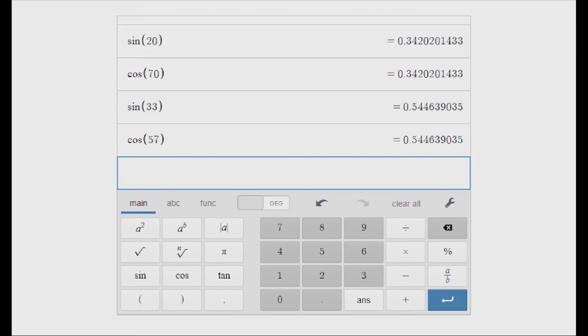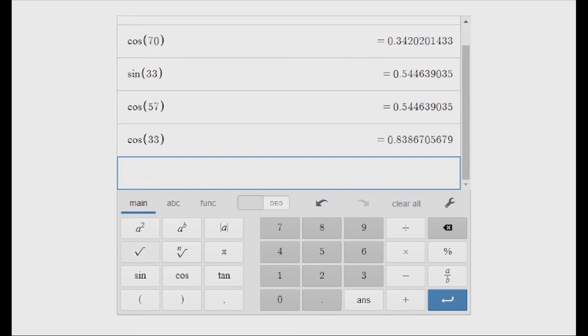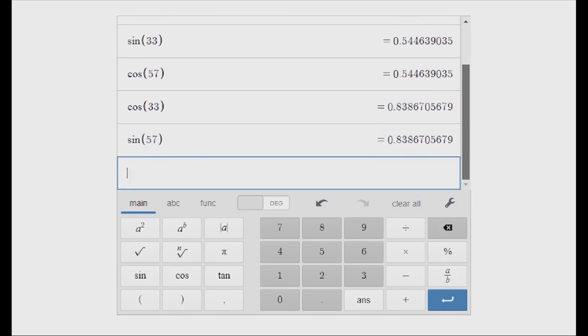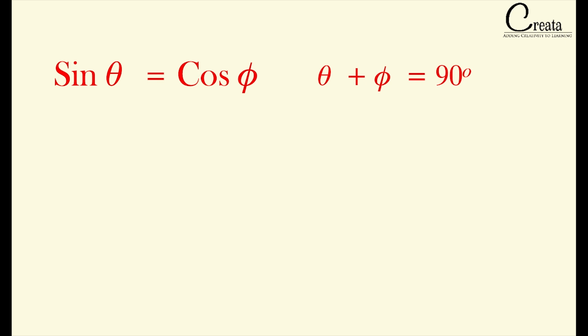And vice versa also, that is cos 33 is equal to sine 57. You can check any random angle with the sum as 90 degree. Got the point? I have used a calculator to show you how to do trigonometric calculations on a calculator. Just note down the formula. This will be useful in solving trigonometric questions. Refer to the question section for the same.